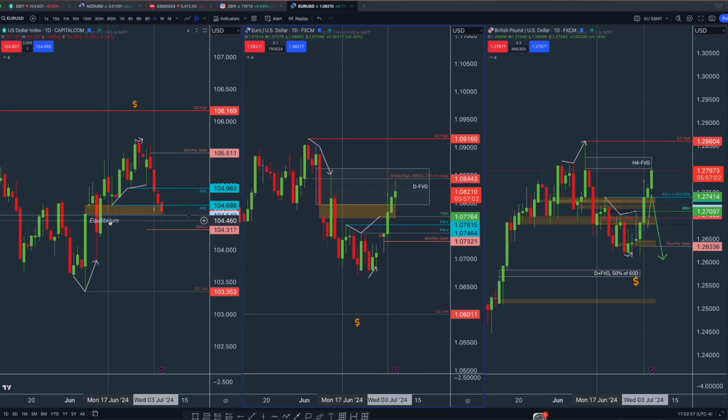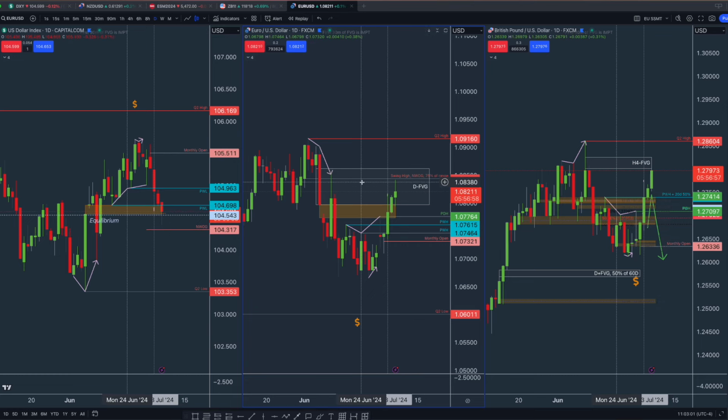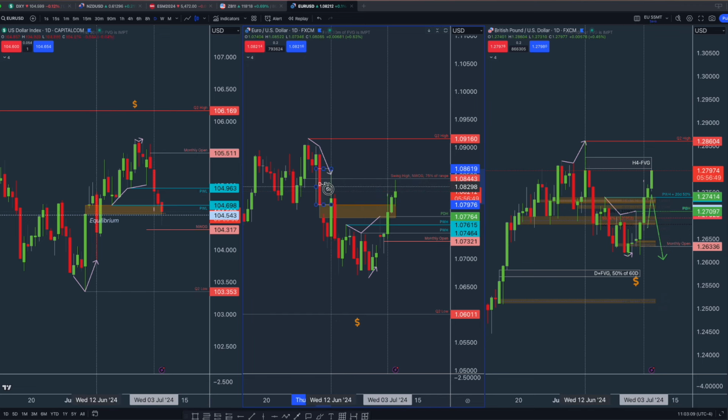For US dollar, it's the equilibrium and then the new week opening gap. For euro, it was this swing high, new week opening gap, and 75% of the entire range here, as well as this daily fair value gap. If you can see from this low of this green candle all the way to this low of this candle, there's a fair value gap here, and it's also in line with this entire wick.